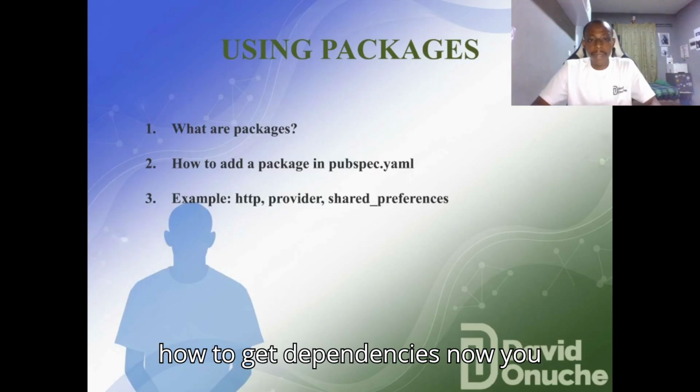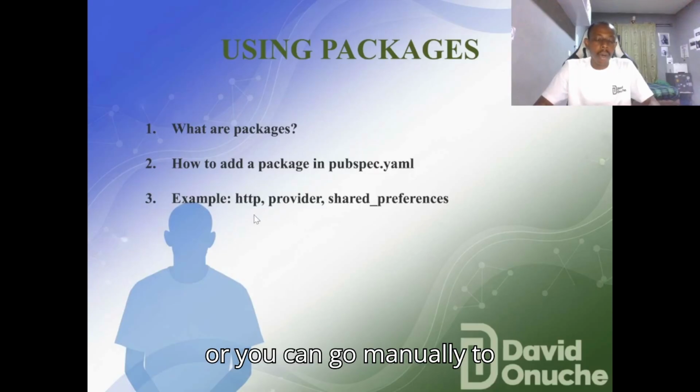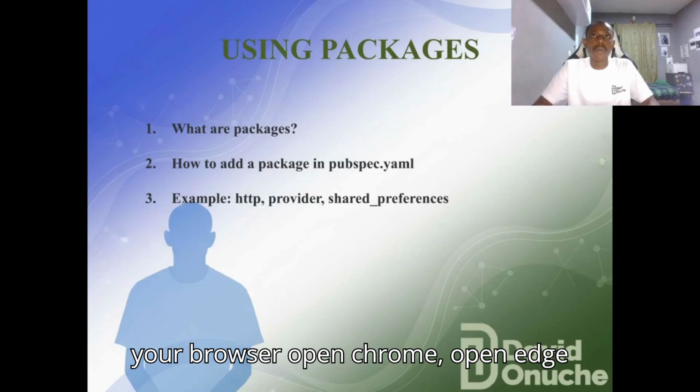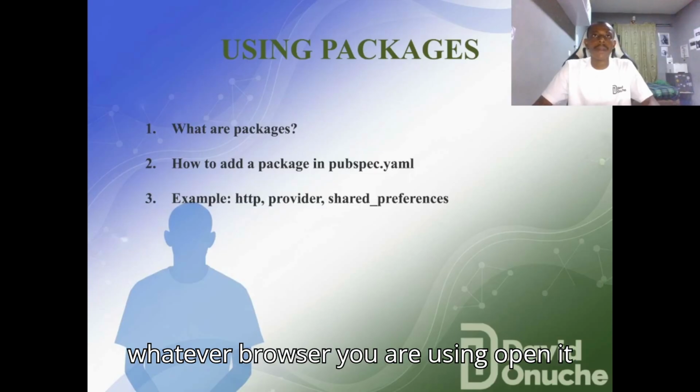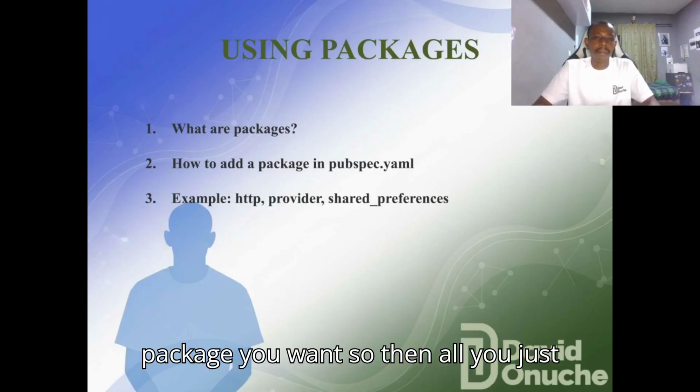So how to get dependencies? You can go to your terminal and write flutter pub add http, or you can go manually to your browser, open Chrome, open Edge, whatever browser you're using, and type pub.dev. Then you'll be able to get whatever package you want.